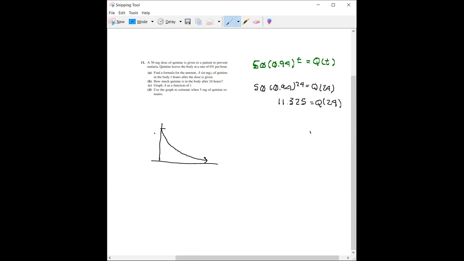We start here at 50. 5 would be like way down here. We can't really extrapolate exactly what this is without more points. We do know that if this is like 10, then right here would be 11.